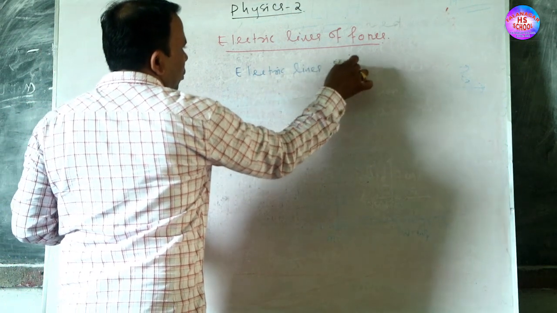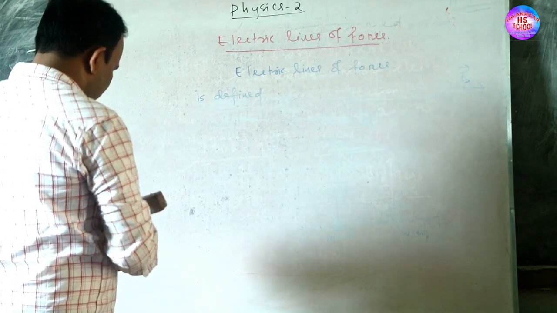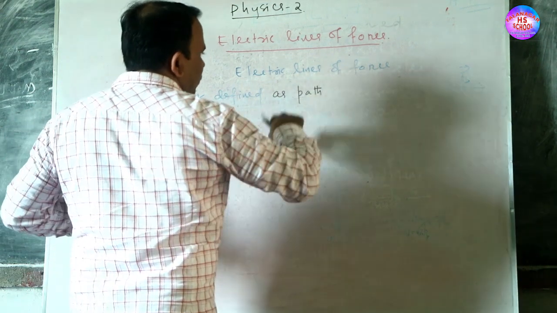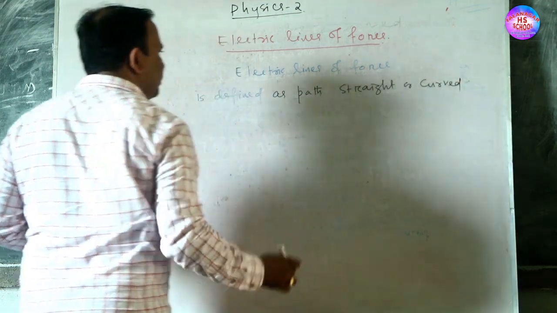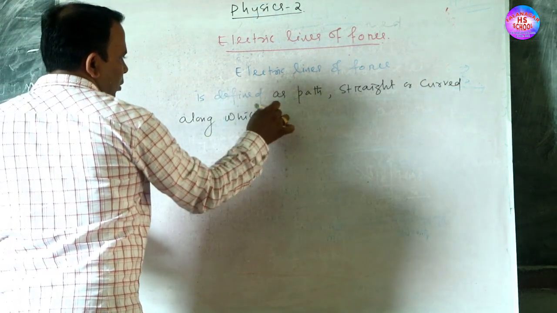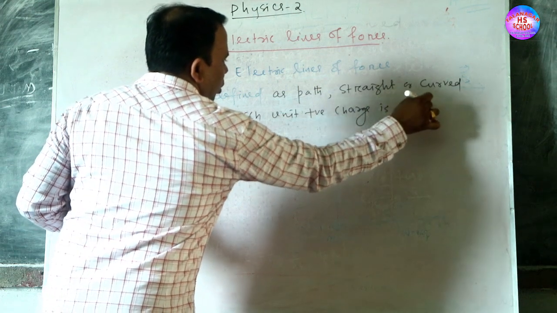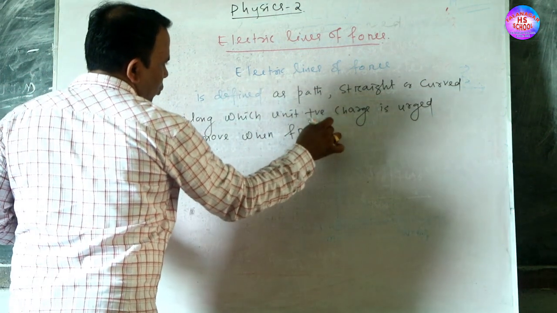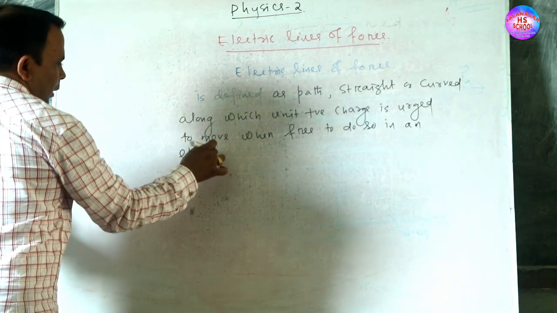Electric lines of force is defined as the path, straight or curve, along which a unit positive charge tends to move when free to do so in an electric field.